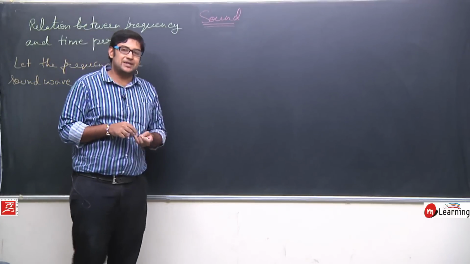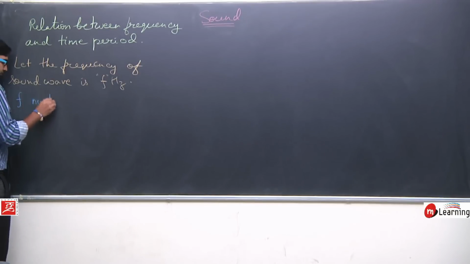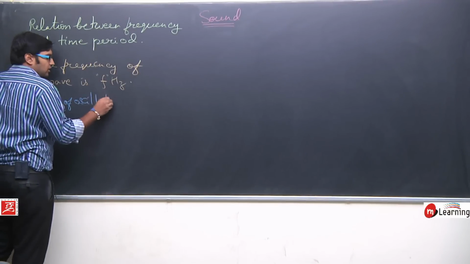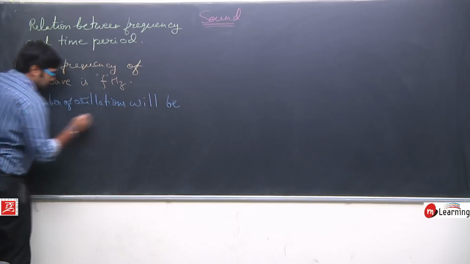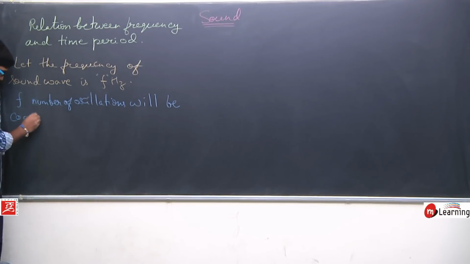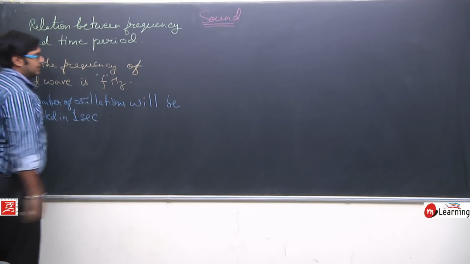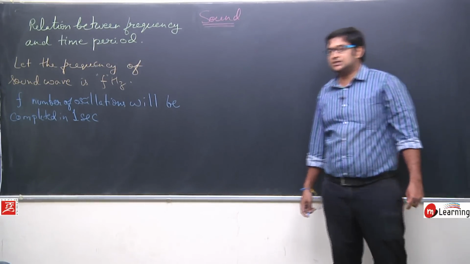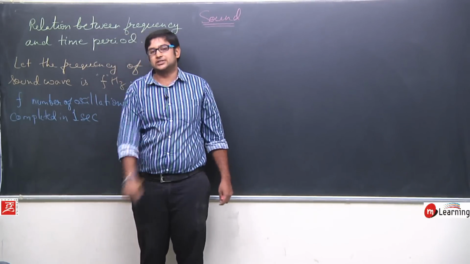So f hertz represents that f number of oscillations will be completed in 1 second, okay. So the number of oscillations that can be completed in 1 second is f.